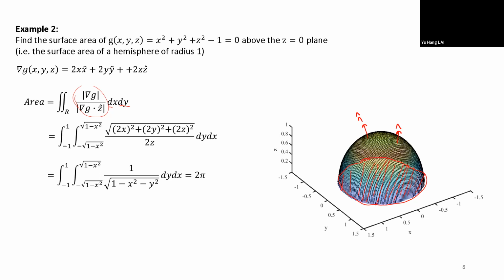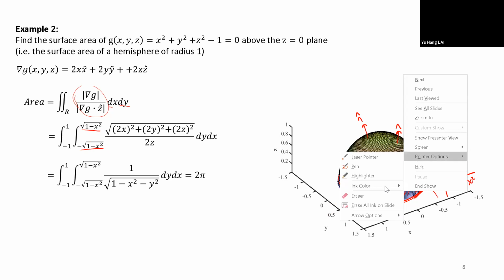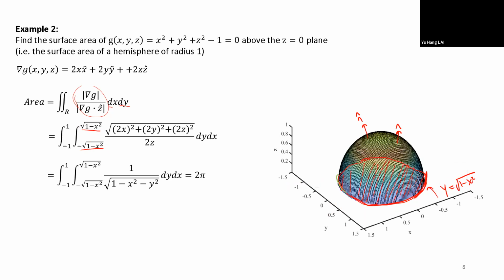That's why I have these two integration limits here. This half can be written as y equals square root of 1 minus x squared, and the other half over here is y equals minus square root of 1 minus x squared. So that's why there are two integration limits.